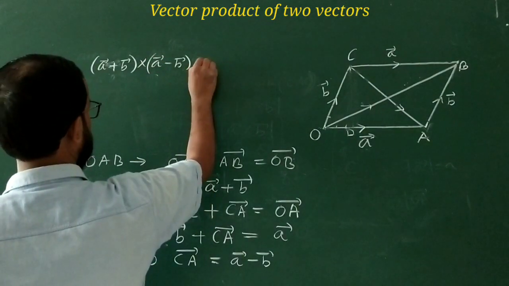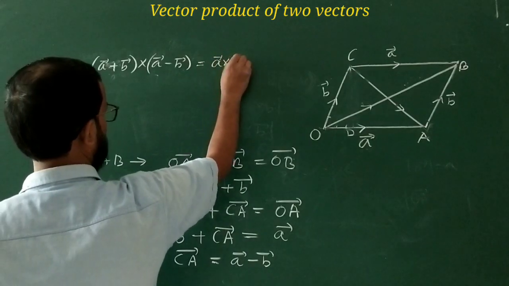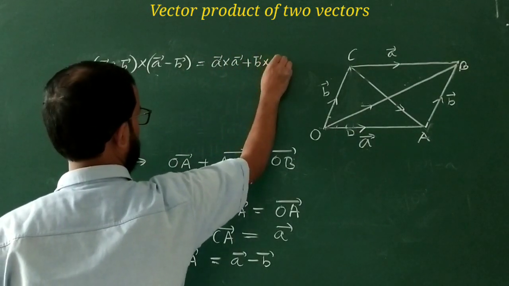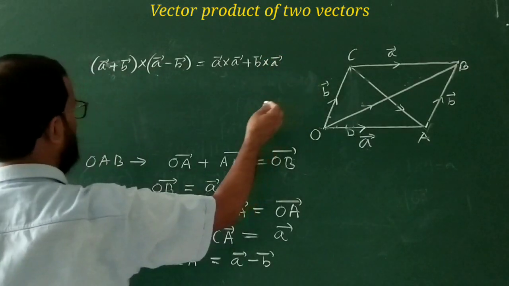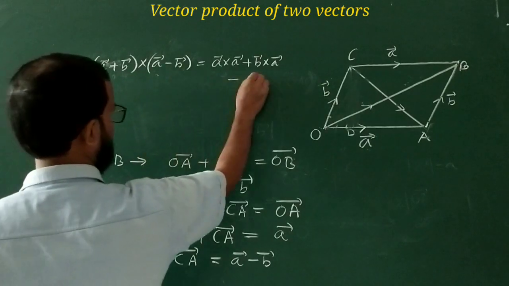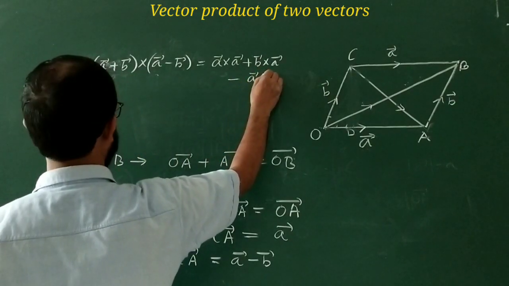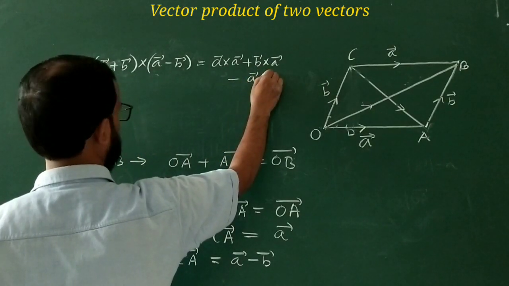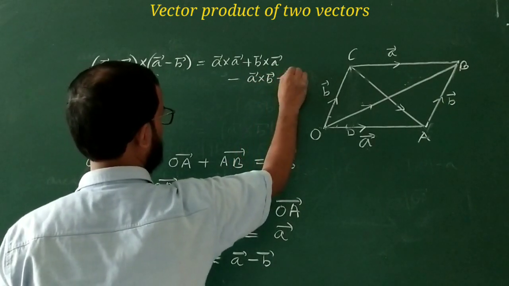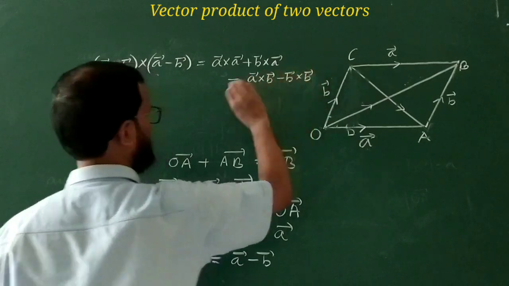You can expand it as A vector cross A vector, then B vector cross A vector, then minus A vector cross B vector, and finally minus B vector cross B vector. Okay, this is the multiplication.